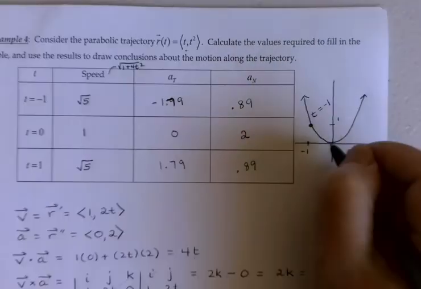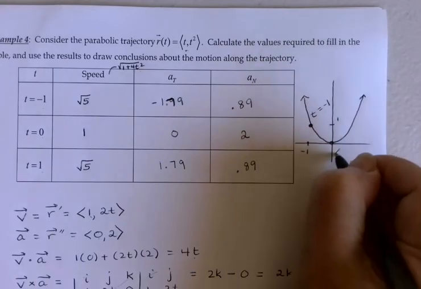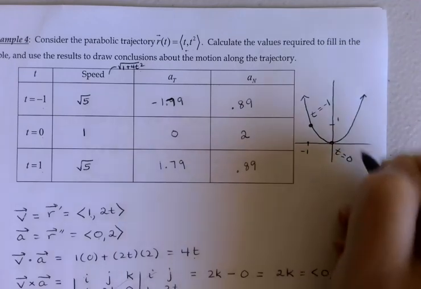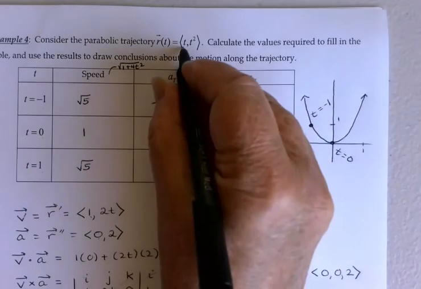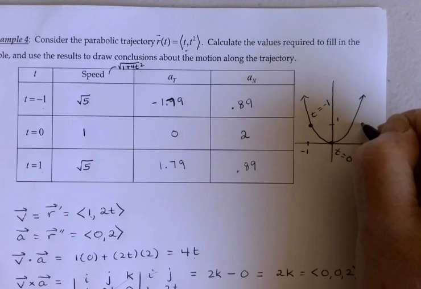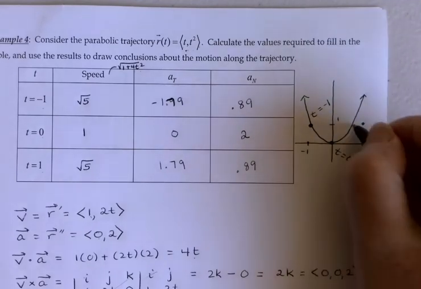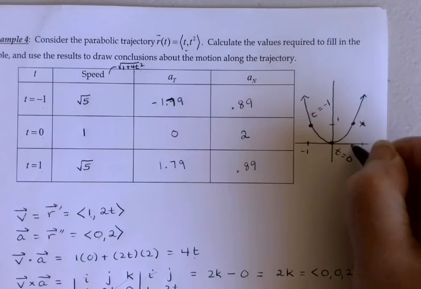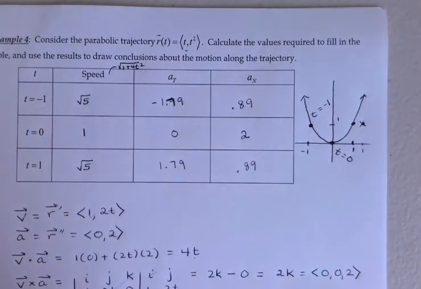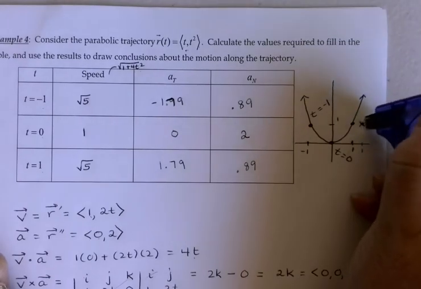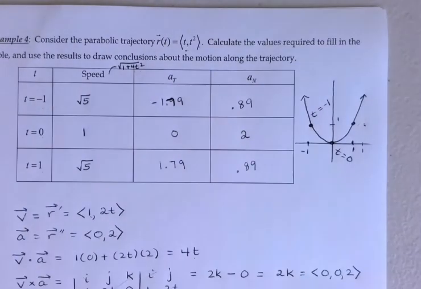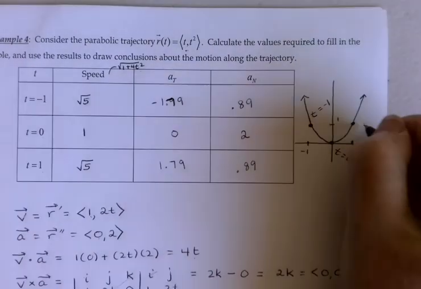When t is 0, I'd be at 0, 0. And when t is positive 1, I'd be at 1, 1. Oops. Gotta be on the curve. Let's try that. Get rid of that so it's not distracting us. All right, that is t equals 1.